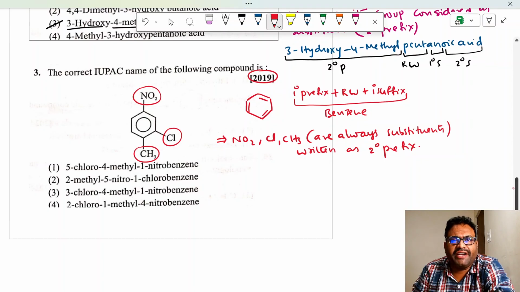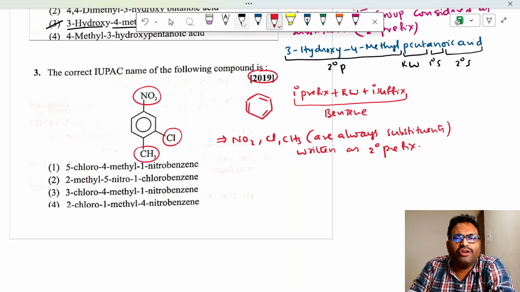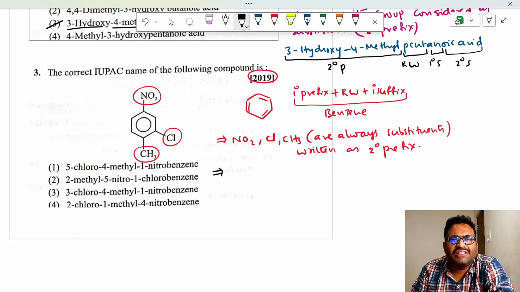Now, what is the parent chain? Here the parent chain is benzene. And these three are the substituents. When more than two substituents are present, which rule do we need to follow?